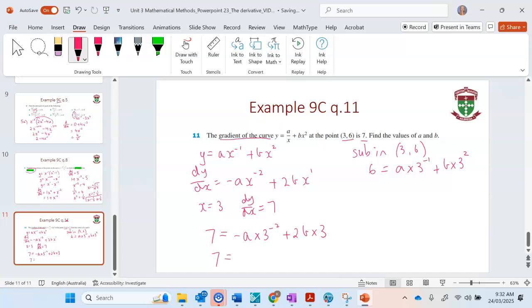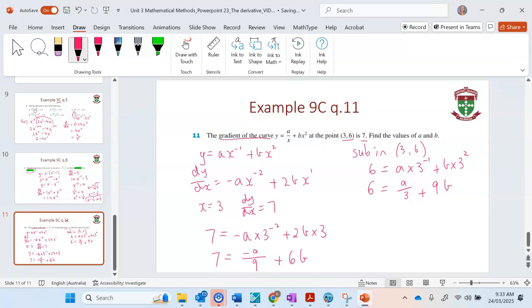7 equals negative a over 9 plus 6b, and tidying this one up is going to be a over 3 plus 9b. All right, so you can go on.